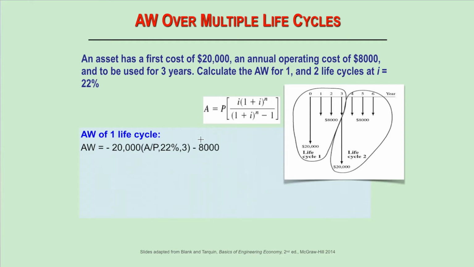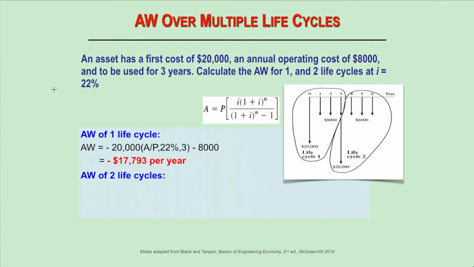You just plug in the value of $8,000 per year. Then if you plug the numbers into the formula, you will find that the annual worth of one life cycle is equal to $17,793 per year.